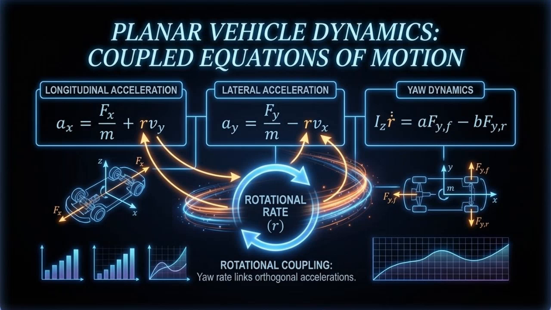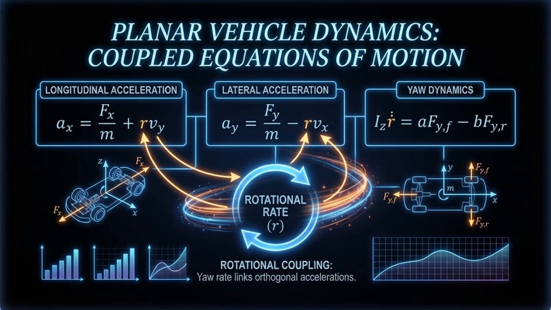Spoken mathematically, the sideways acceleration equals the net lateral force divided by mass minus the product of yaw rate and forward velocity. This term represents the apparent force felt in a rotating frame. Third is the yaw dynamics equation. Spoken mathematically, yaw moment of inertia times yaw acceleration equals the front lateral force times distance A minus the rear lateral force times distance B.